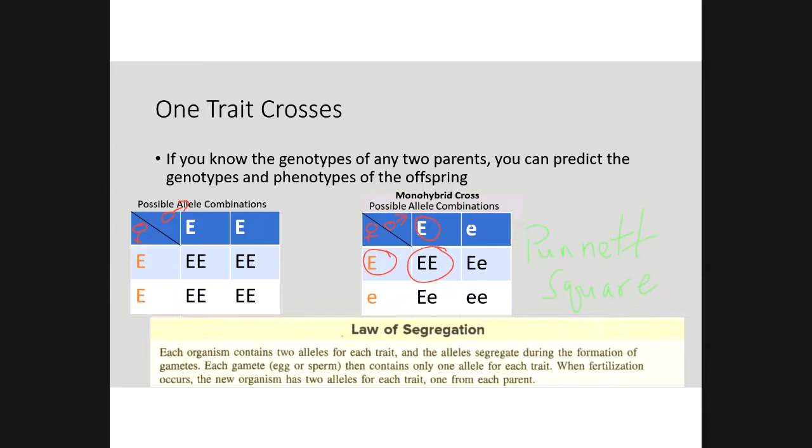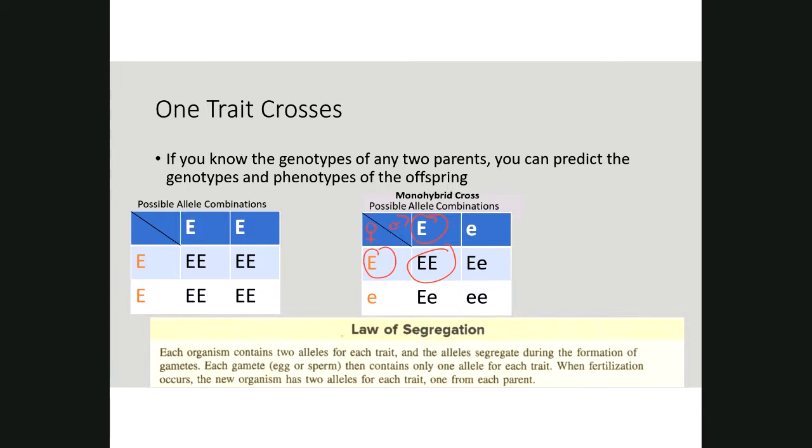If this particular type of sperm fertilizes that type of egg, you get this. This is the only combination you can have.